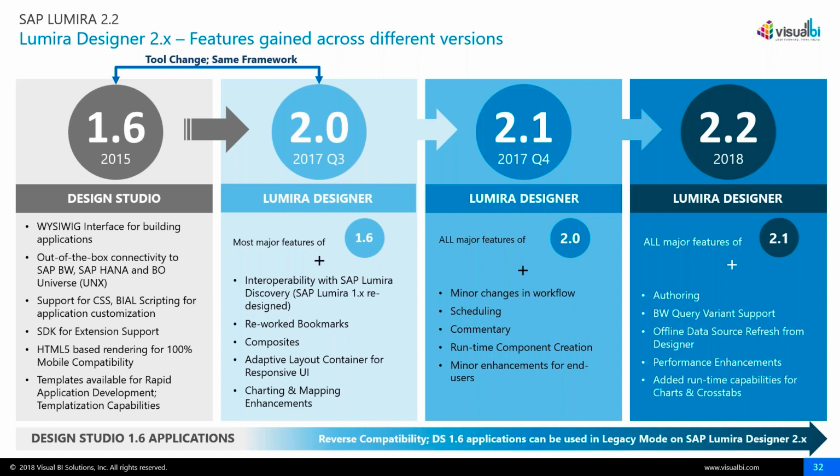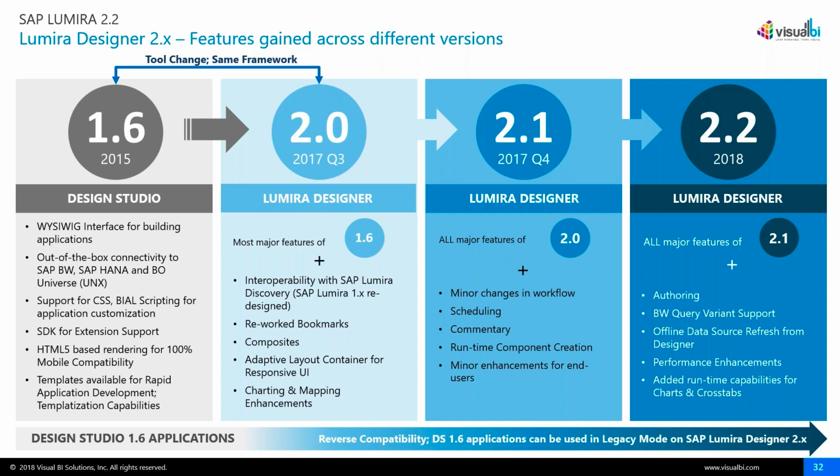So from 2.0 onwards, customers will need to start using the SAP UI5M mode. Fortunately, this doesn't necessarily mean that customers need to convert their dashboards per se. They can still run them on the current version of Designer in a compatibility mode, and I'll talk a little bit more about that in just a bit.